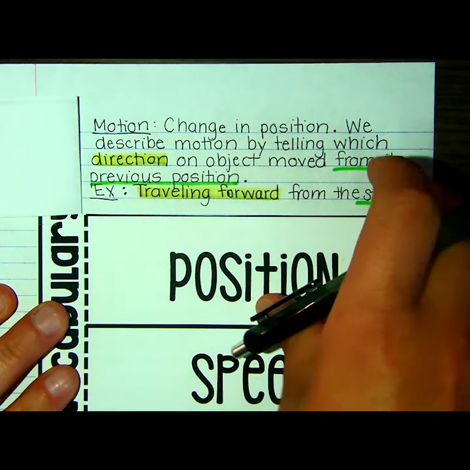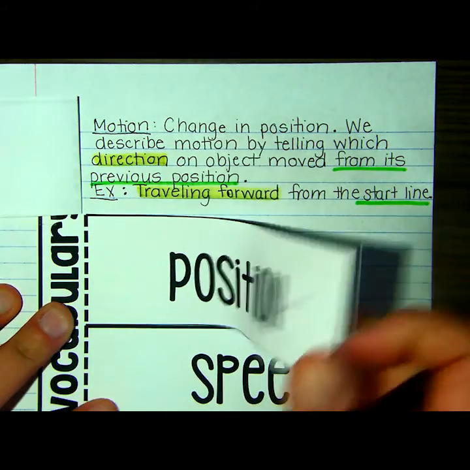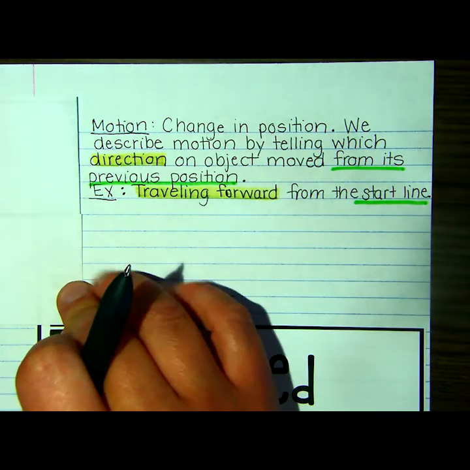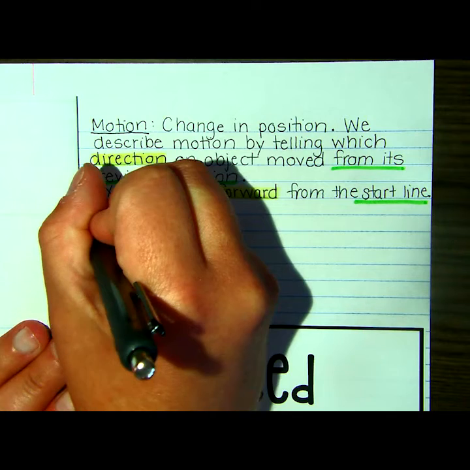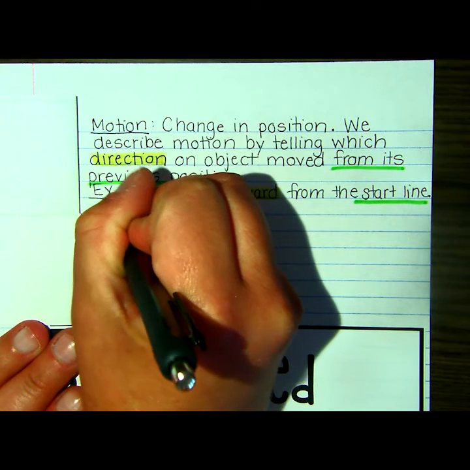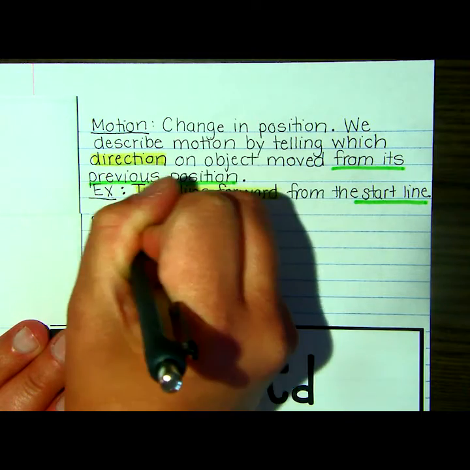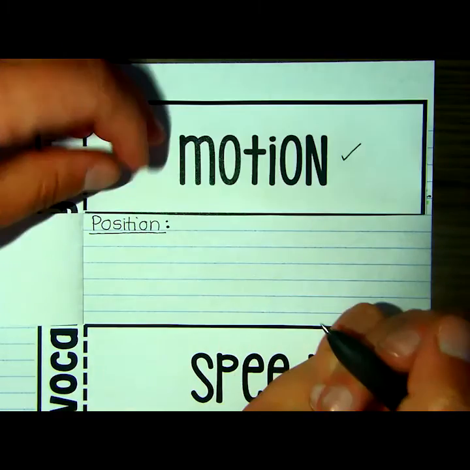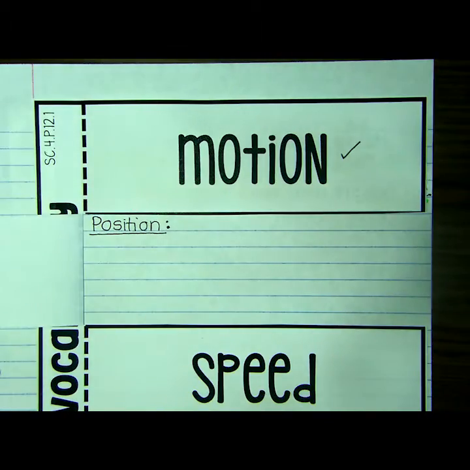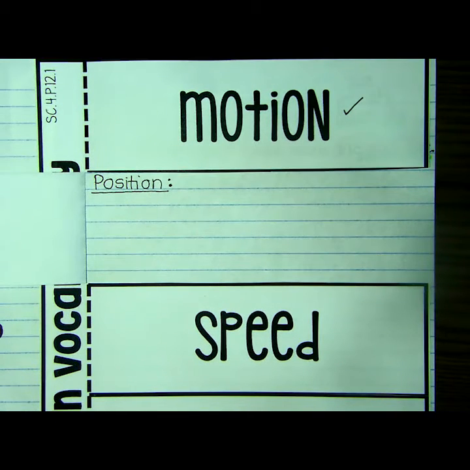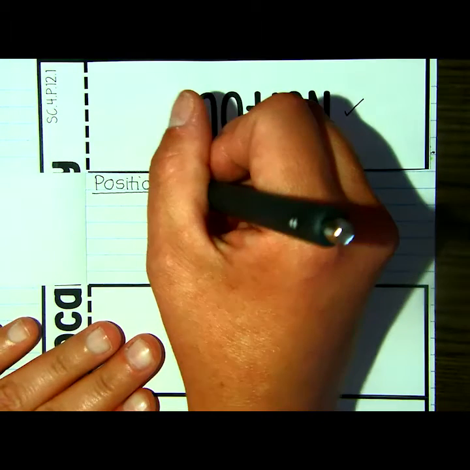Let's take a look at the next word, position. So we know what motion is, but now let's talk about position. So I'm going to close motion for a moment, and then I will open that back up at the end of this video, and you can pause it to get caught up. But position is the location of an object in relation to a nearby object. So let's write that down.